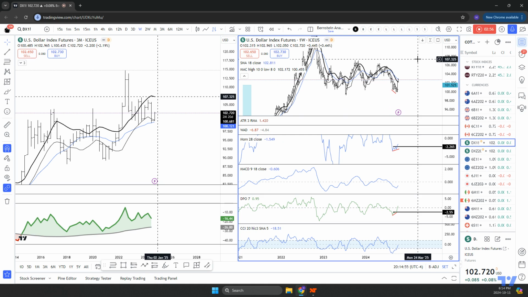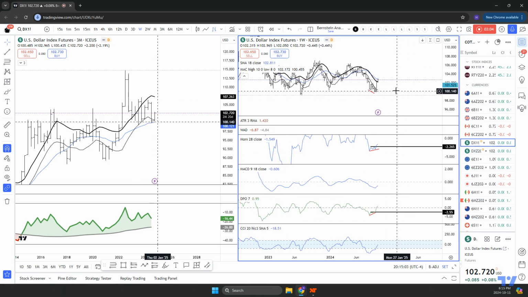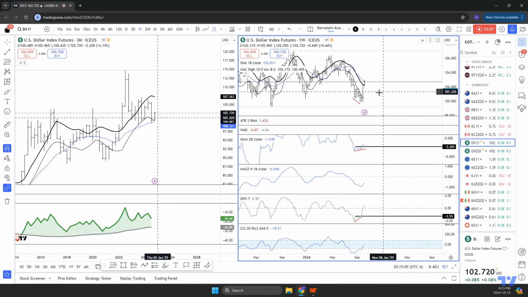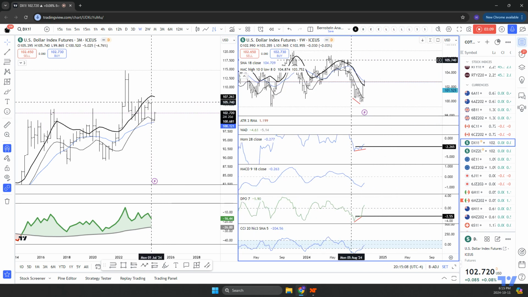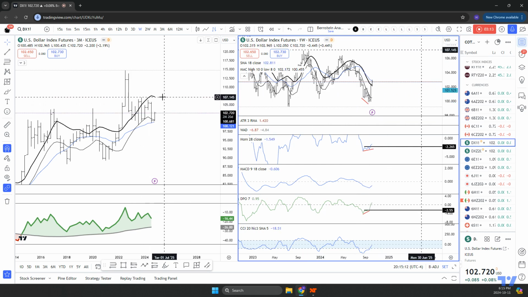That is a huge move. I'm not necessarily super confident that that will happen, but the fact that we have triggered on the weekly with the divergence, that's one of three of my entry techniques, which qualifies for basically a trend change on the weekly. So it is entirely possible that this trades up to here.